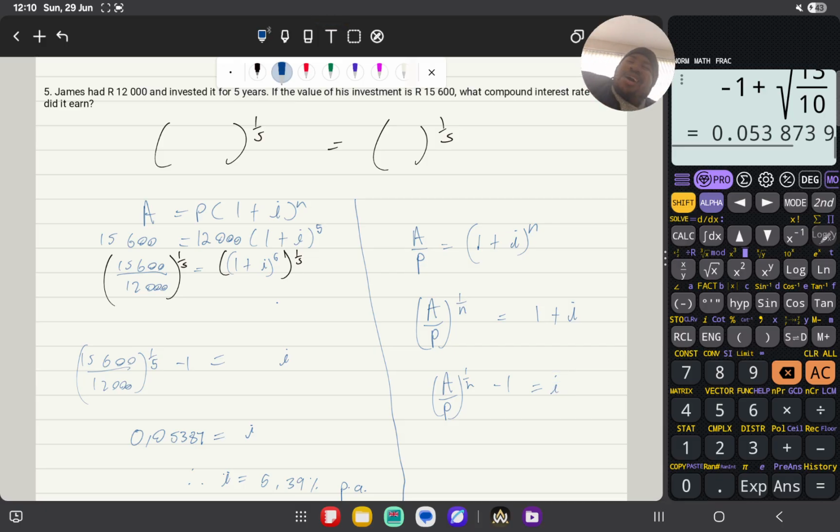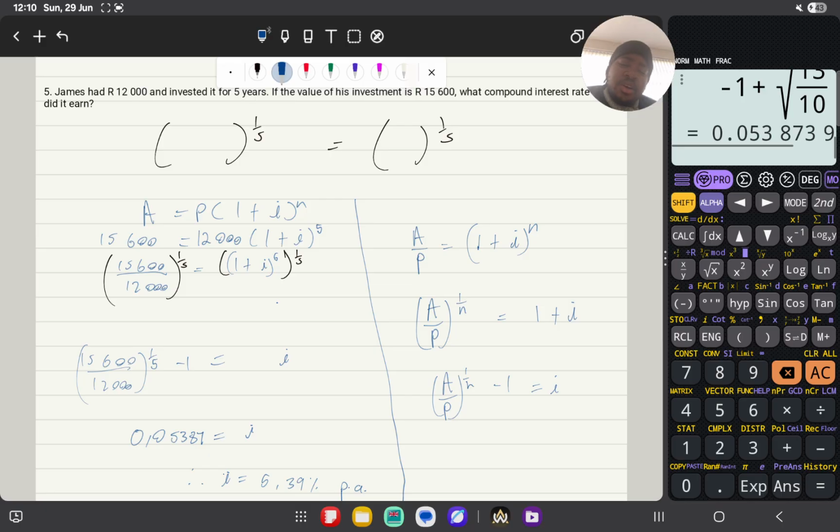Yeah, I don't advise you. I mean, you can actually memorize this, but if you just know the formula A equals P into 1 plus I all to the power of N, you are good to go, right? And your algebra, I'm sure it's very good.